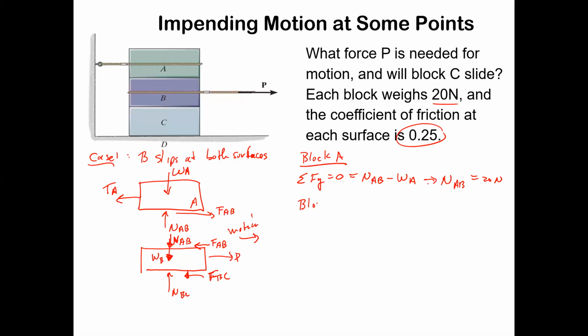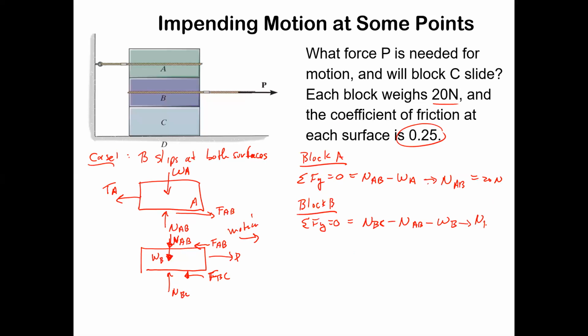Then we turn to block B, and the sum of the Y forces is going to be N_BC minus N_AB minus W_B. So in that case, our normal force from below is going to be 40 newtons.